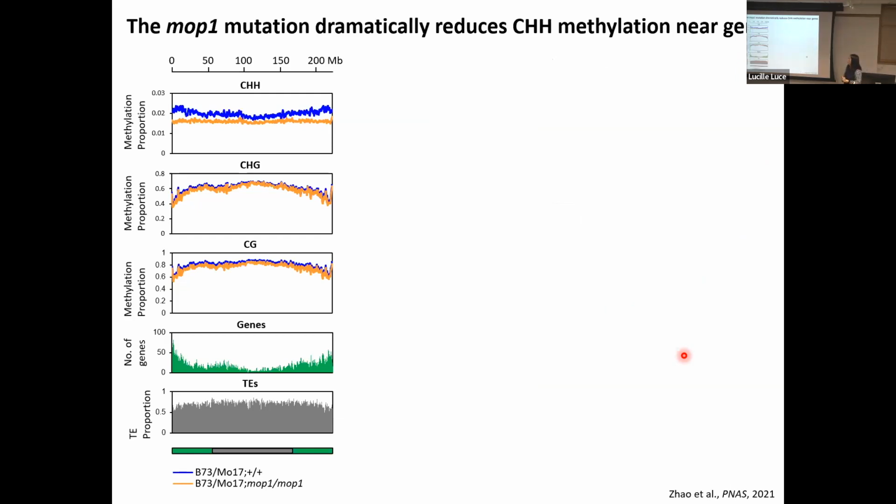So later on, we also wanted to understand why this occurred. So we sequenced the whole genome methylation of the mutant and the wild type. Normally you can see CHH methylation is higher in the wild type compared to the mutant, right? CG and CHG do not show significant difference between the mutant and wild type.